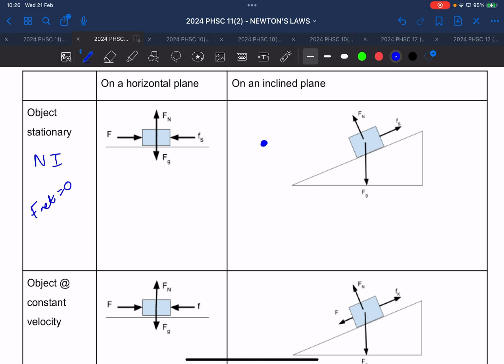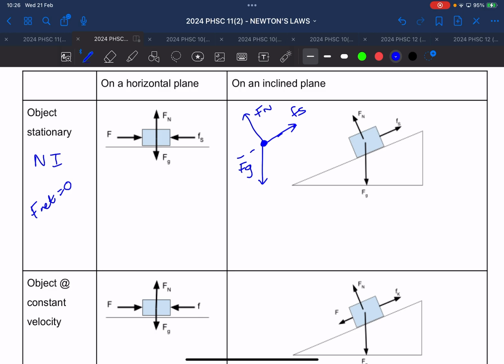All right. So here, if we look at this object, the object is stationary, at rest. So we have gravitational force towards the center of the earth. Normal force perpendicular to the surface. Static friction in the opposite direction of the tendency of motion, parallel to the incline or parallel to the surface.